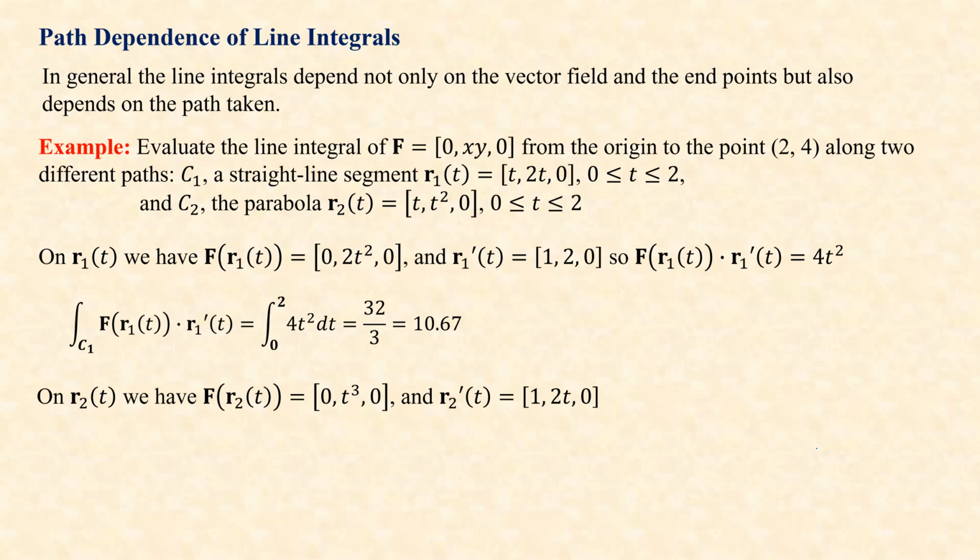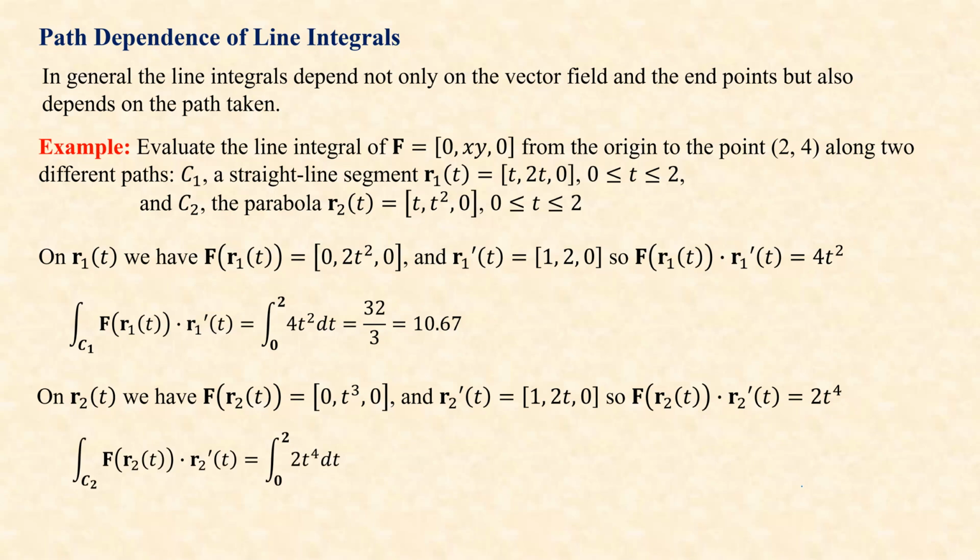And f dot R2 prime becomes 0 times 1, plus t cubed times 2t, which is 2t to the 4th, and 0 times 0, so 0. Now we're ready to do the integral of f dot R2 prime dt, which is the integral of 2t to the 4th dt.